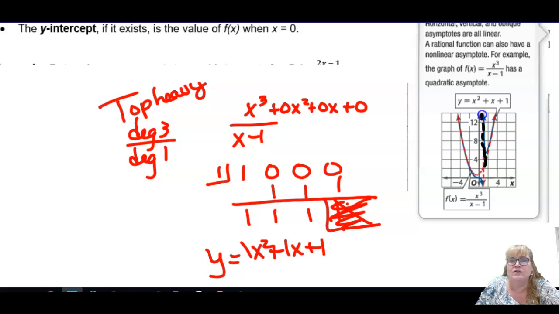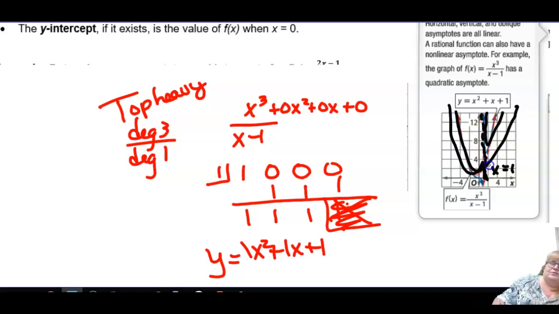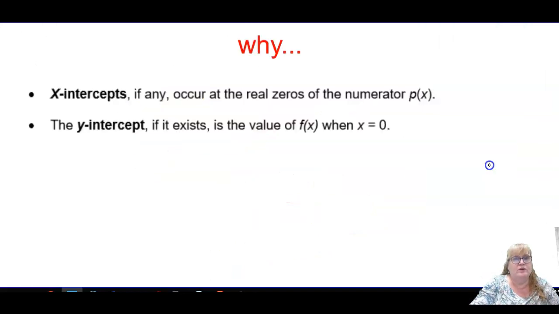So here is a vertical asymptote at x equals 1. But the piece over here is doing this, and the piece over here is doing this. And if you zoom out far enough, it looks like this is just a parabola that had a glitch. Okay? So that's why it can have an asymptote that's nonlinear. We'll practice that tomorrow some more.